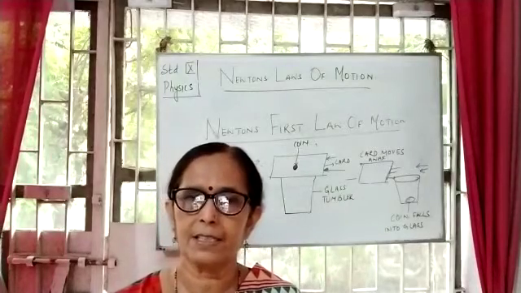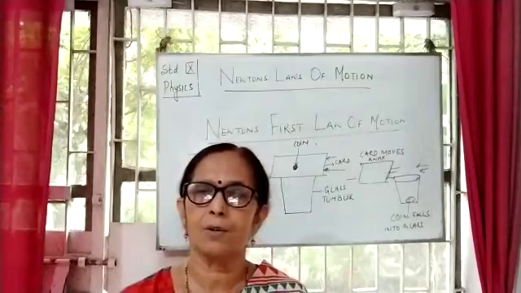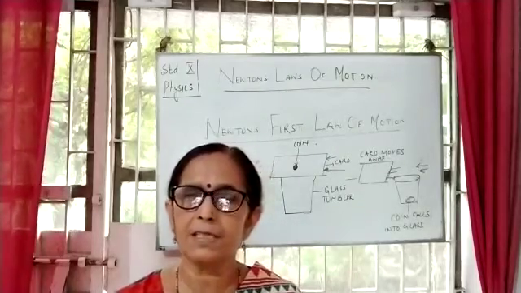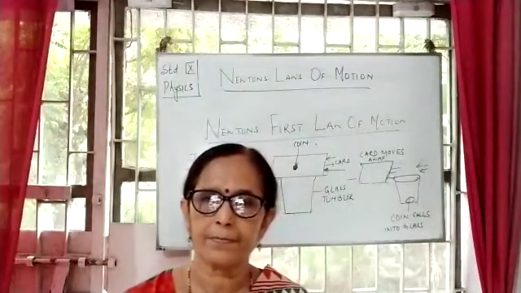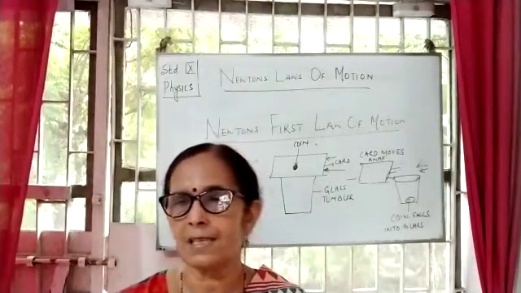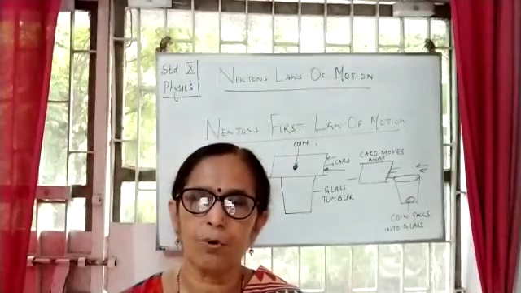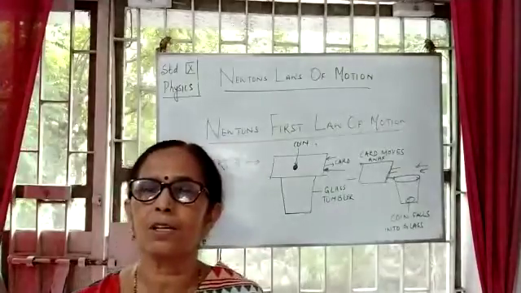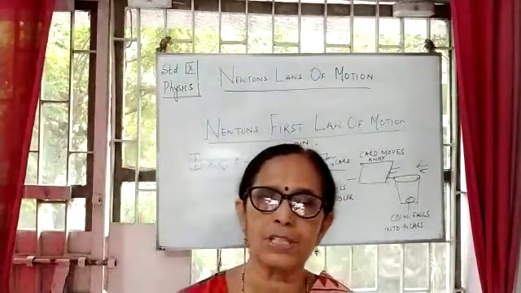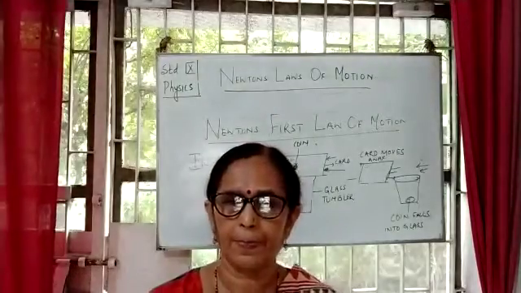An object which has more mass has more inertia. It means mass is the measure of inertia. Very simple example. A stone has more inertia than a football because the mass of a stone is more than the mass of the football.